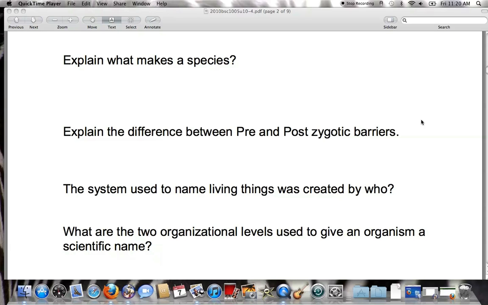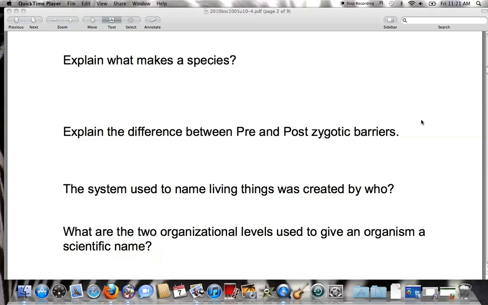So that would be one of your post-zygotic barriers, and those organisms are called hybrids. And usually hybrids are sterile. So needless to say, these organisms that are produced and they are sterile, they can't breed. They just exist and then they die.